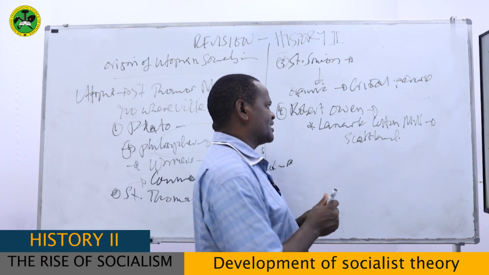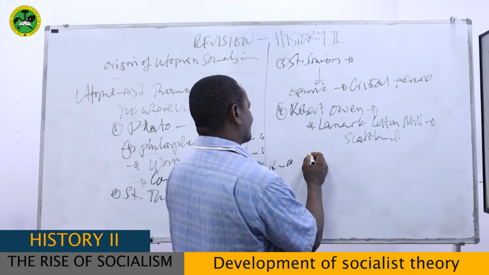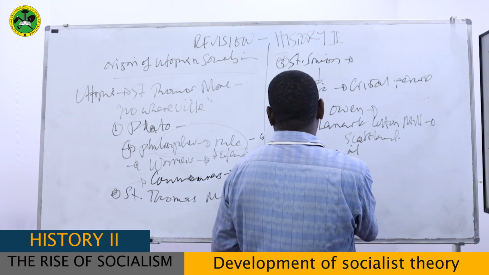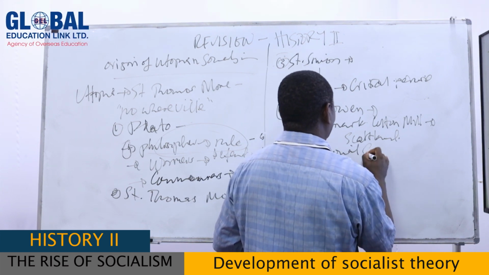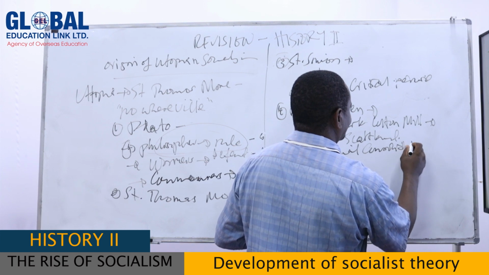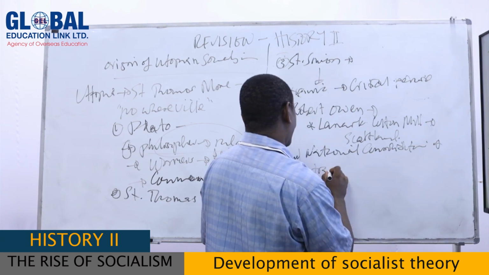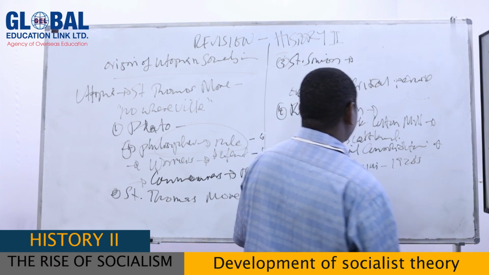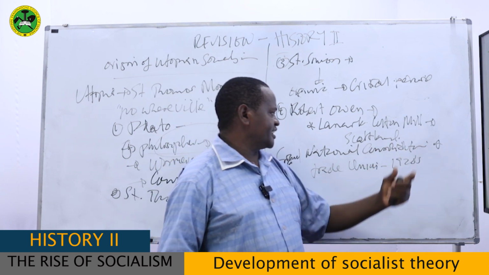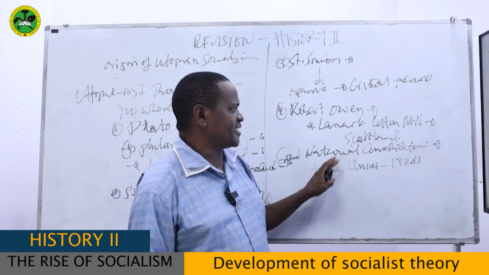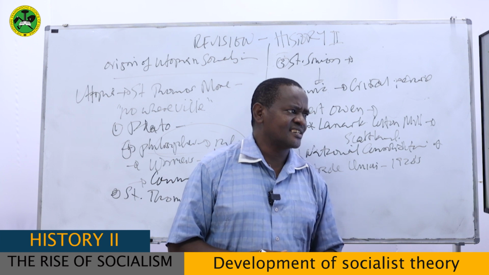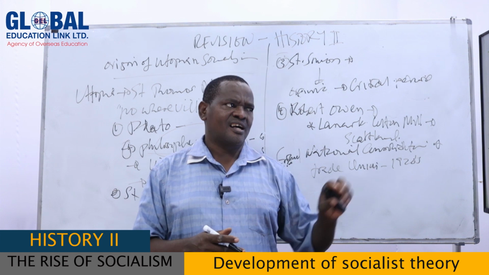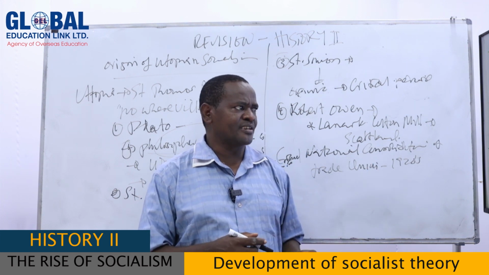He also established a trade union called the Grand National Consolidated Trade Union, in the 1830s. So you can see he was really dedicated to helping the workers in Britain, and so he became one of the pioneers of utopian socialism in the world.